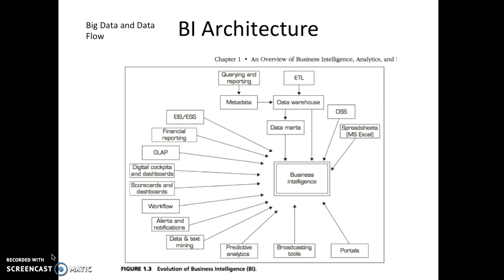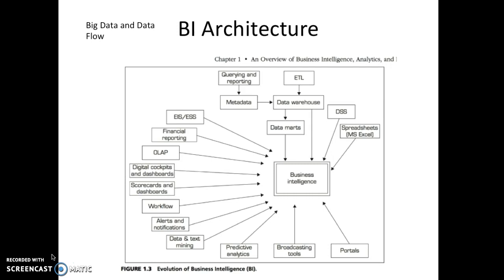We can start with data warehouse, and we'll go a little bit more into detail with data warehousing in a moment, but there can be data coming from a data warehouse or individual data marts that flow into your business intelligence tool. There can be data coming from decision support systems, spreadsheets such as Microsoft Excel.